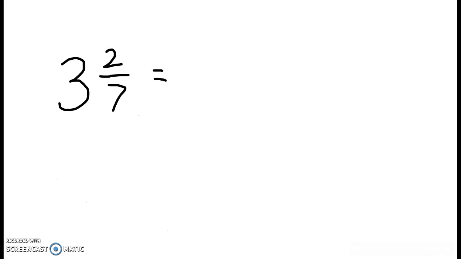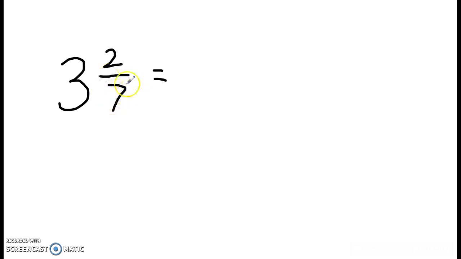Now, mixed numbers. If you remember, mixed numbers are called mixed numbers because they have a whole number and a fraction put together. Now, if you remember, there were a couple of different ways that we talked about changing mixed numbers to improper fractions.